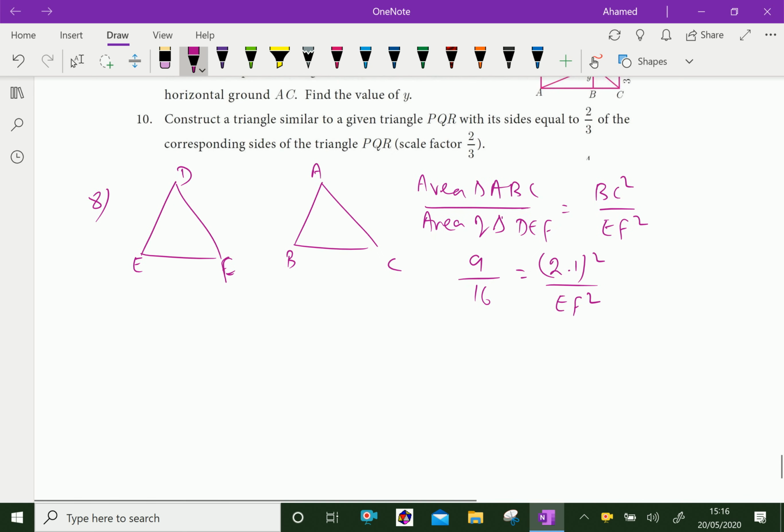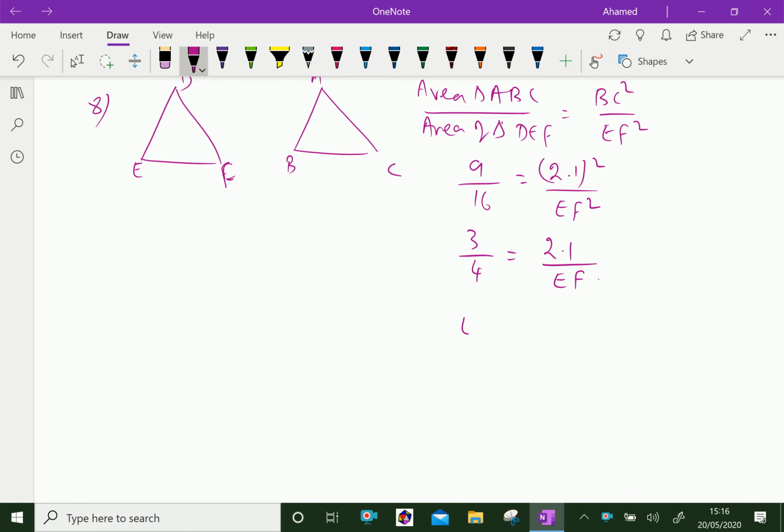Taking square root on both sides, that is 3 over 4, square root of 9 is 3, square root of 16 is 4, equal to 2.1 over EF. Therefore, EF equals 2.1 into 4 over 3. This is 0.7 into 4, which is 2.8 centimeter.